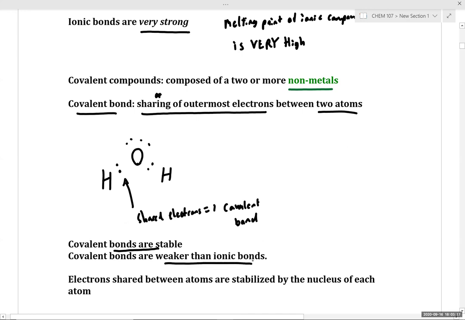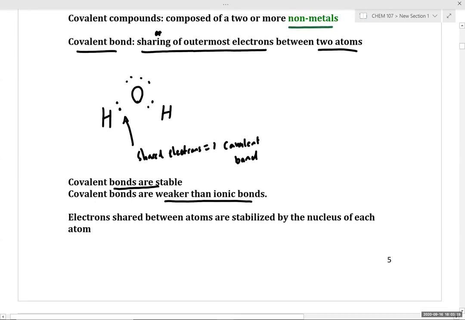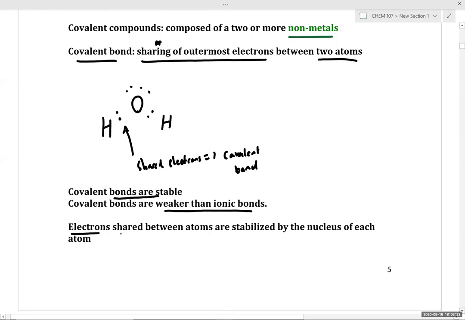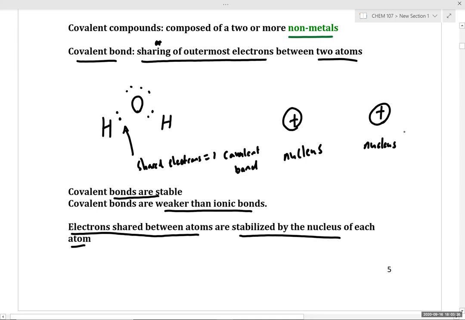The reason why a covalent bond is stable at all is that electrons shared between atoms are stabilized by the nucleus of each atom. So if we have two nuclei, each a ball of protons and neutrons, and we have our shared electrons, these are bonding electrons.